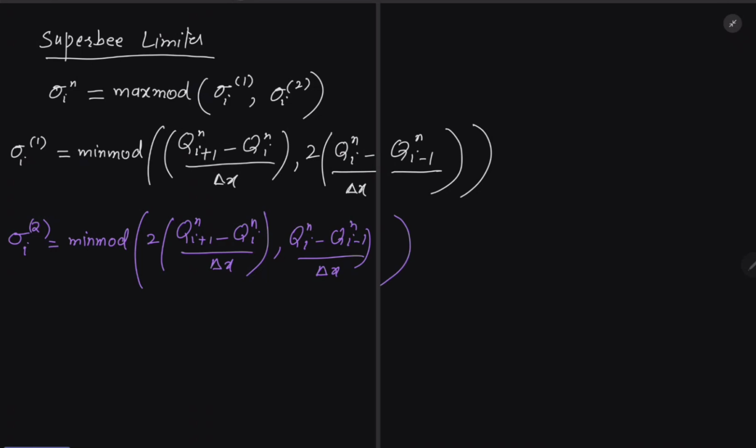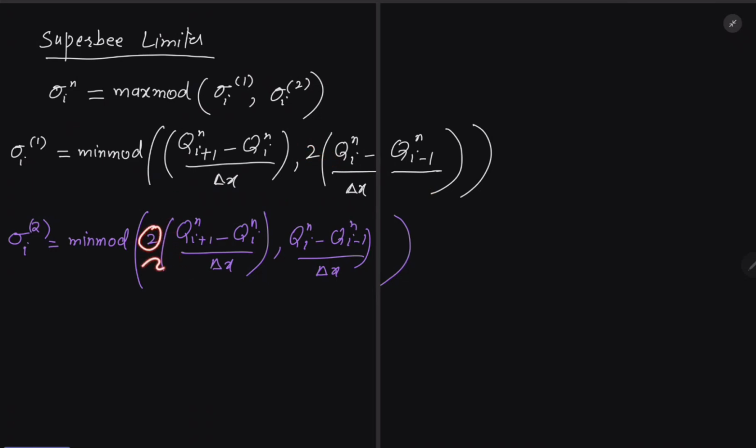It limits the slopes in the solution. So here you can see what Superbee did: he introduced two values over here, and these two values are defined by minmod. So he was using the definition of minmod, applying the minmod on one slope and another, which has the 2. It wants to increase the order of the method.